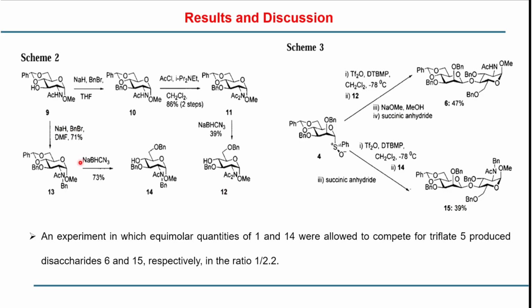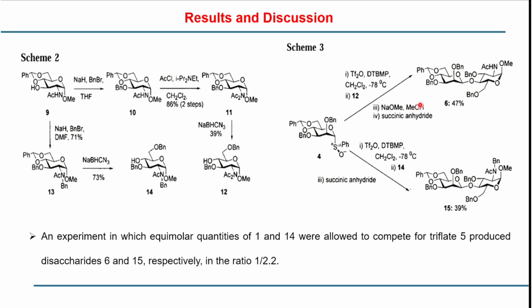Similarly, they protected 9 using sodium hydride and an excess amount of benzyl bromide. They got 13, and after opening the benzylidene group, they got 14. In one case this is the N-diacetyl, and in the other case N-acetyl with one benzyl group. Again they used donor 4, pre-activated it using triflic anhydride, and then mixed in acceptor 12, followed by deprotection.